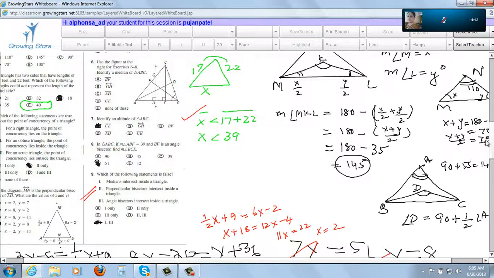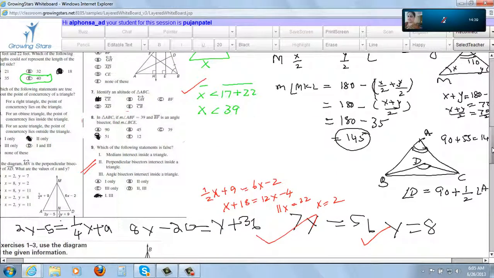See here, BD is a median, and P is the centroid. Every median is divided by the centroid in the ratio 2:1.